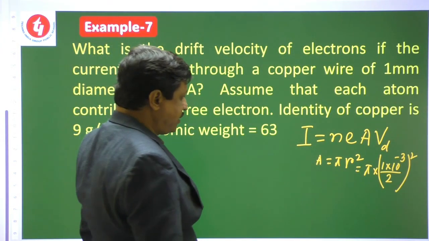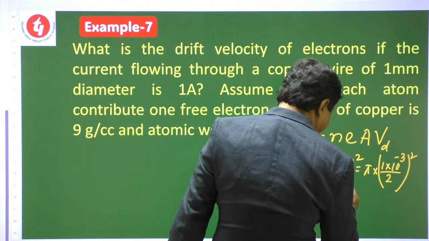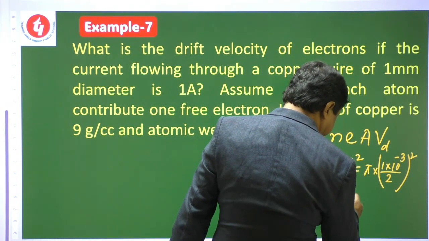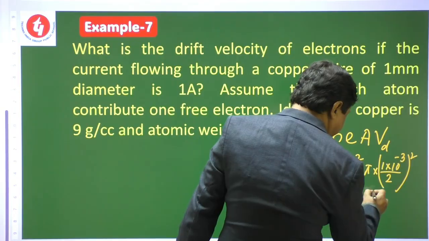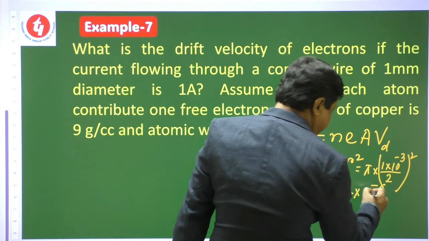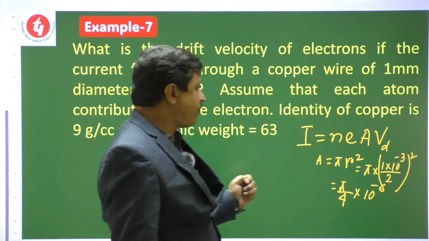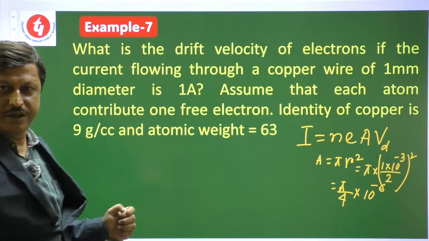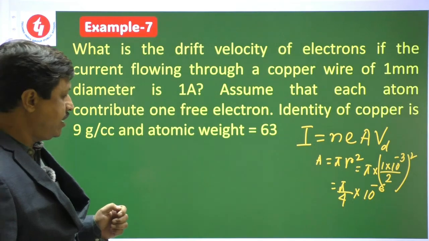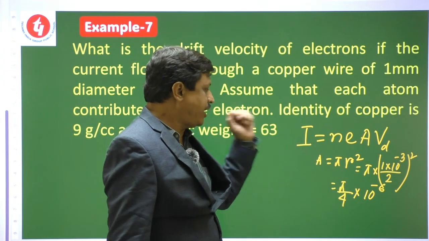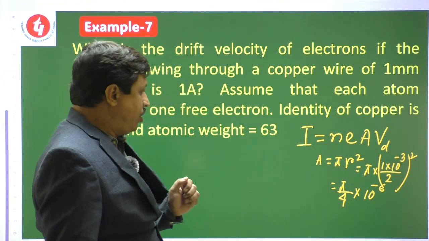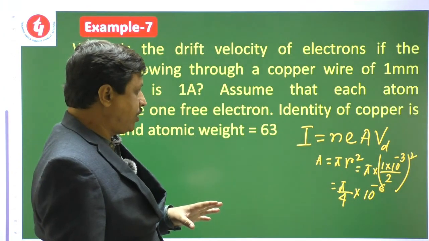So this is pi by 4 into 10 to the power minus 6. That is the area of cross section of the conductor.